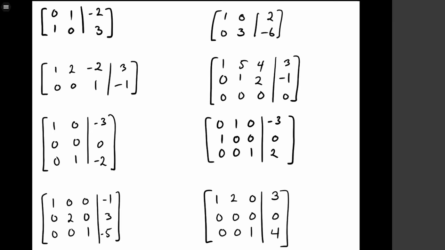Some of these might be in row echelon form, but none of them are in reduced row echelon. What I want to do is first identify if it's in row echelon form or not, and then, regardless, say what we need to do to put it in reduced row echelon.